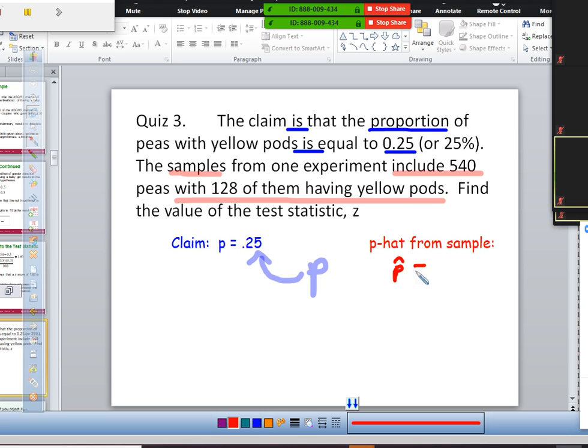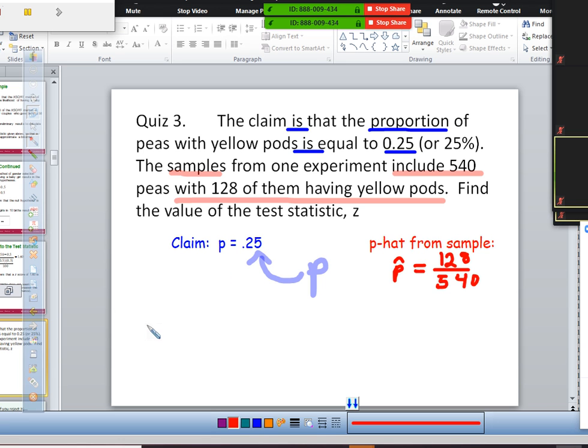People screw these up all the time and mix these up. Find the word sample, or if you can't find it, it might be disguised as surveyed or selected. That's your P hat. That's what you get from the sample. The P you get from your claim. Find the claim, that's your P.